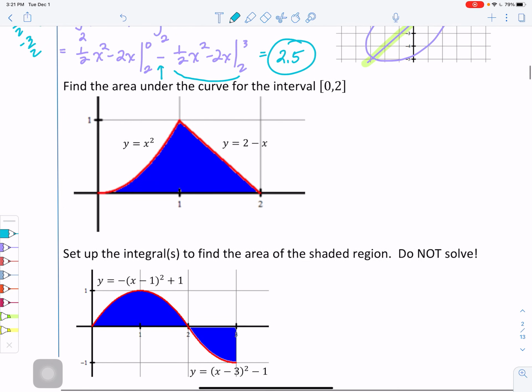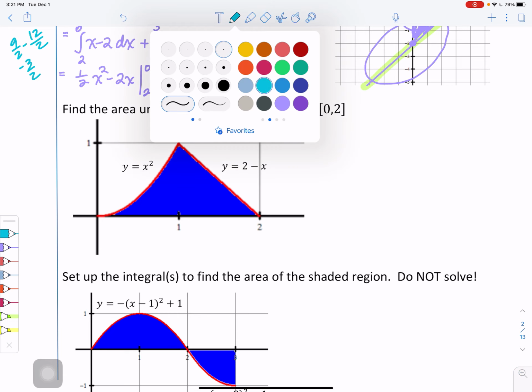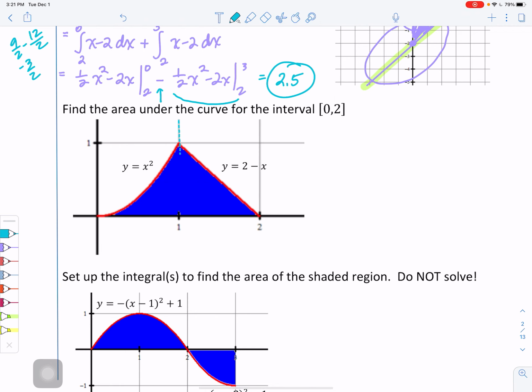Okay, find the area under the curve for the interval from 0 to 2. Okay? So let's go ahead and take a look and see what they want. We could split this up into two different, yeah, there we go, a little dotted area here where I can show you that I'm going to split that right there.